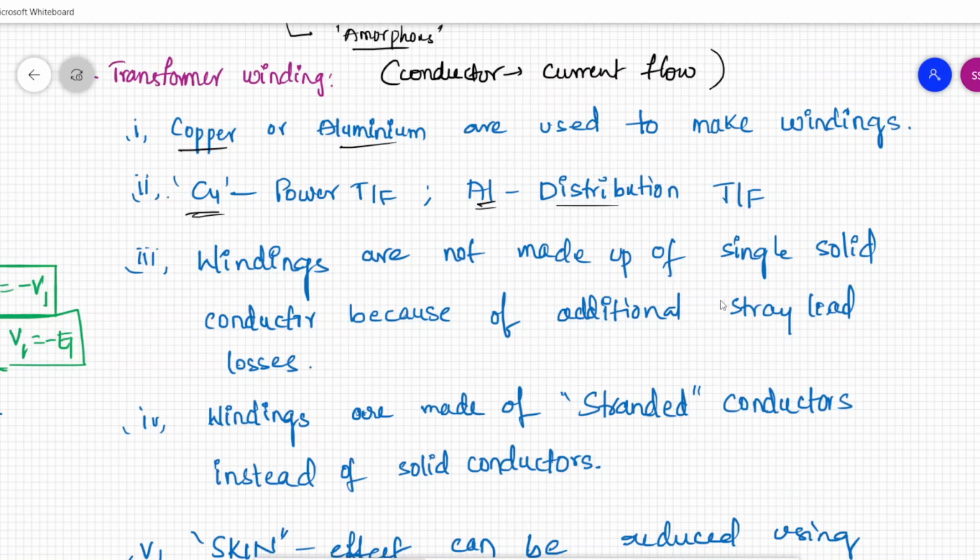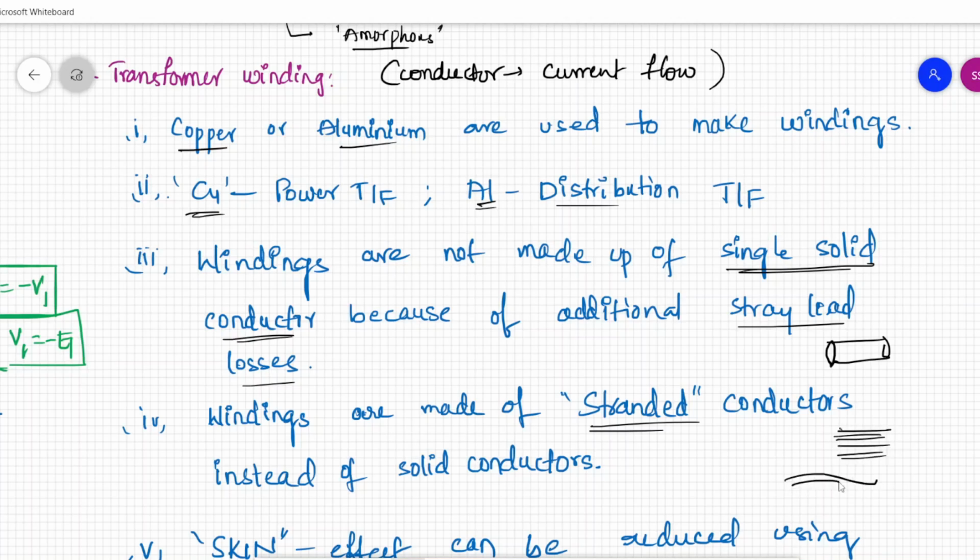And they are not made up of a single solid conductor. There will be an additional loss due to a solid conductor, but instead they will be stranded. Stranded means instead of a solid conductor, there will be small conductors that are twisted together.